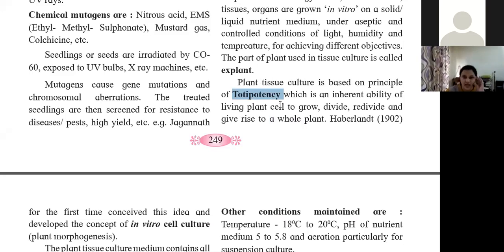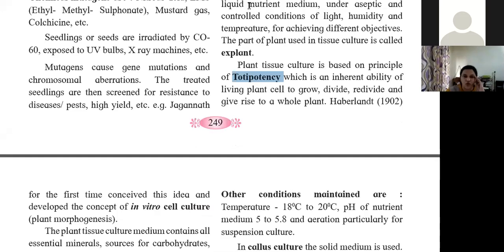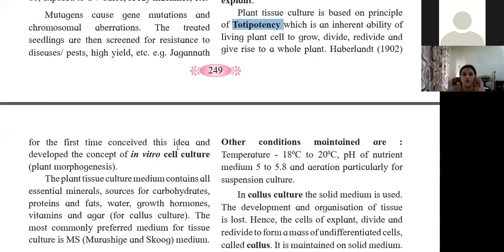So as totipotency is present in plants, therefore we can perform tissue culture in plants. Therefore tissue culture is possible in plants. Now this name you have to remember, Haberlandt. Haberlandt is known as the father of tissue culture. What is Haberlandt called?